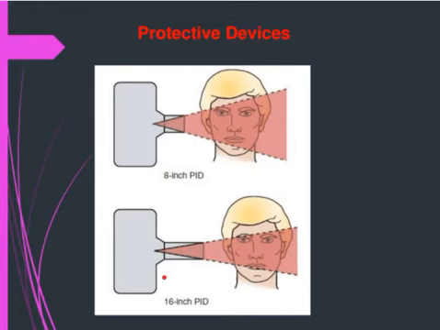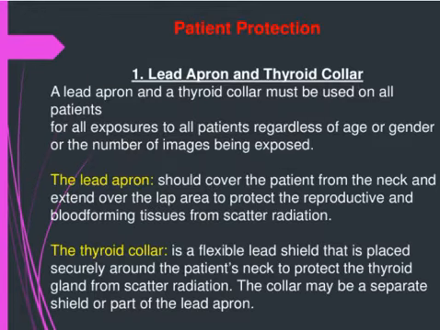So filtration 2.5 millimeter thickness at 70 kVp or greater. Then the collimation should be there. PID should be there.